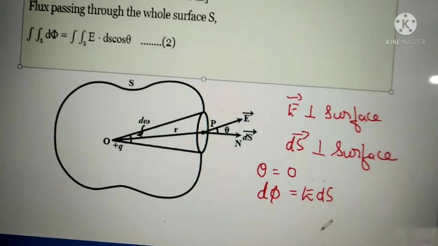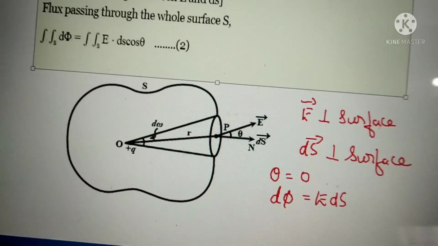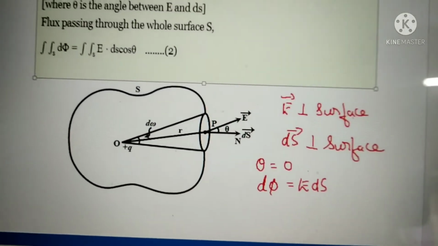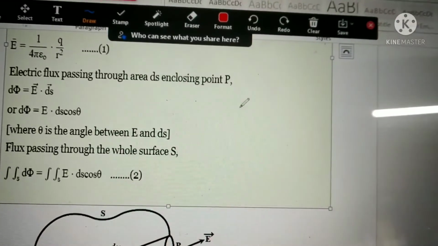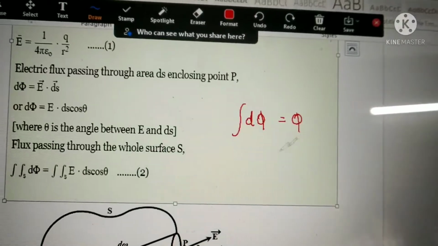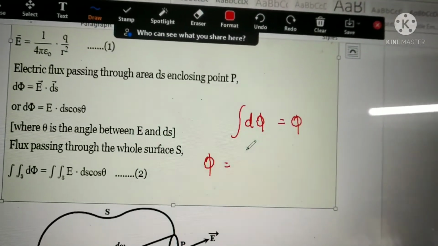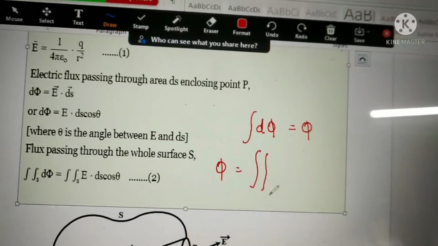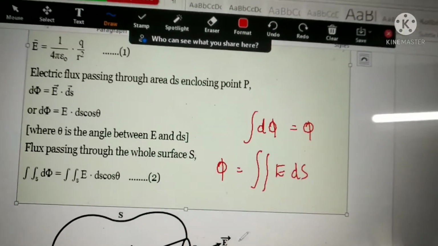Now suppose we are considering a sphere over here. Integration of d phi is equal to phi. Now, phi is equal to the closed surface integration of E ds.